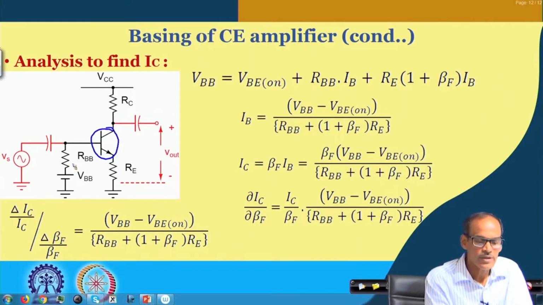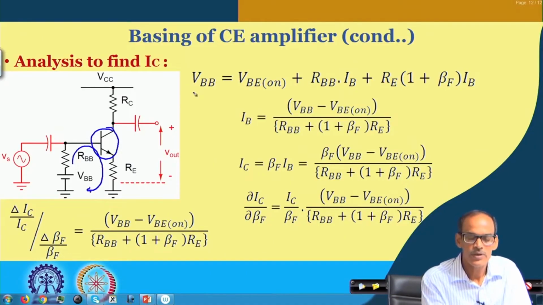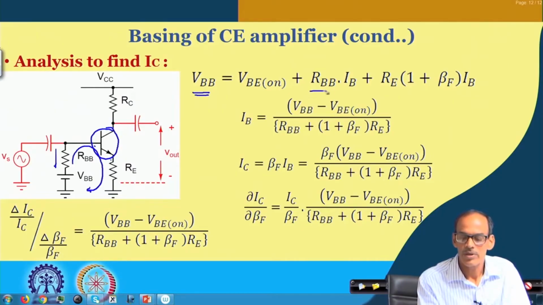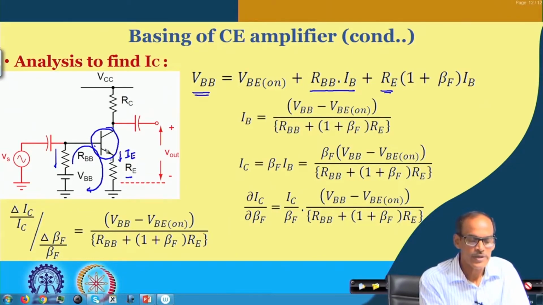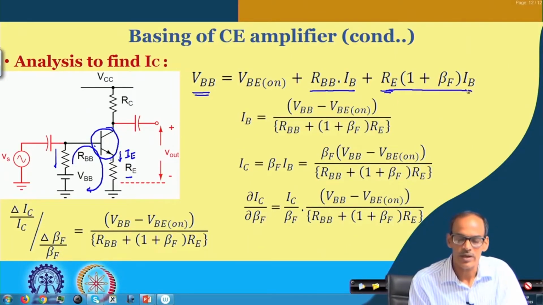Now if I consider this loop, we can say VBB equals VBE on plus the drop across this resistance, which is RBB multiplied by IB, plus the drop across this emitter resistor RE, which is of course the resistance multiplied by the emitter current IE, and IE is 1 plus beta of the transistor times IB. So this is the drop across this RE.